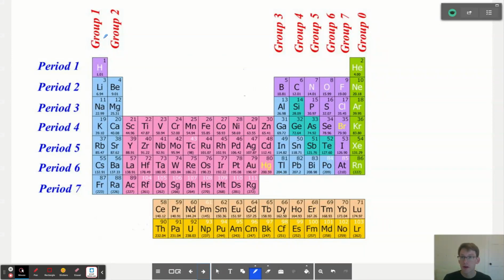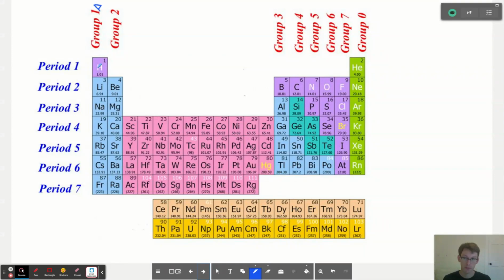The groups are also known as families, and group 1, also known as 1A, is hydrogen, lithium, sodium, potassium, etc., etc. These are called families and groups because they have similar chemical properties. So you'll find that hydrogen reacts with oxygen. Well, so does lithium.